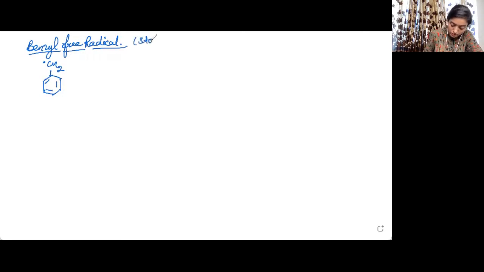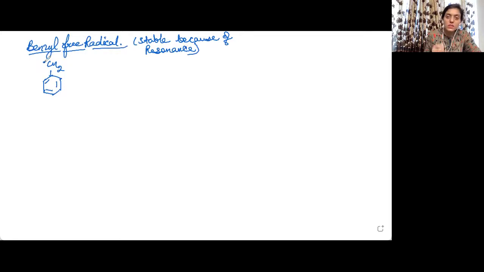It is stable because of resonance. Why are we calling it resonance? Resonance is involved in conjugation. This means here hyperconjugation is not going to be there. Here it will be conjugation. Why so? Because its sigma bond is not involved. Here the pi bond is going to be involved.